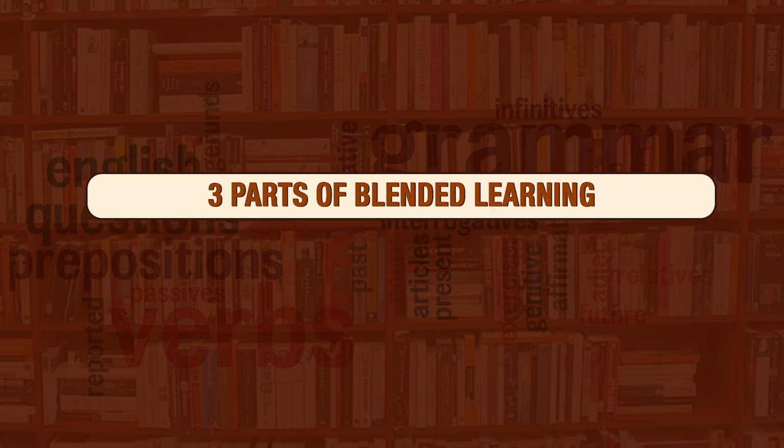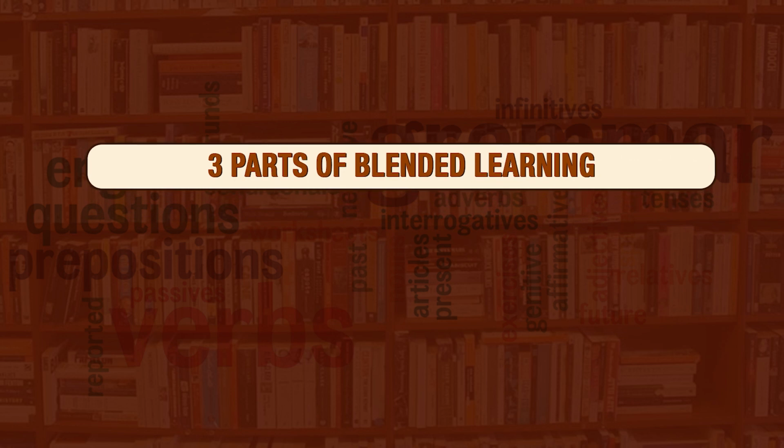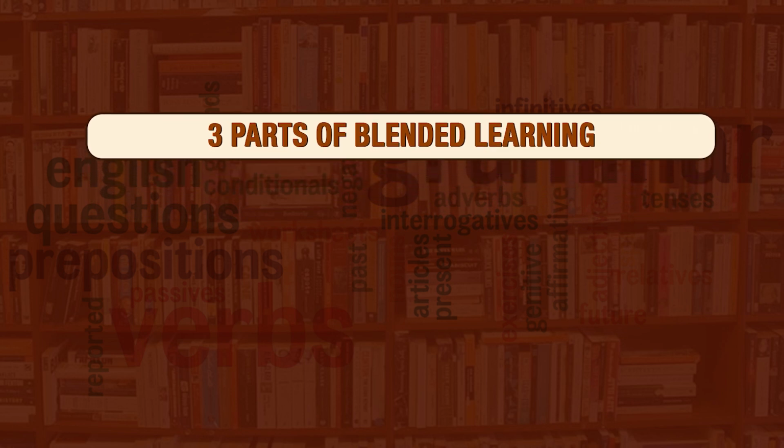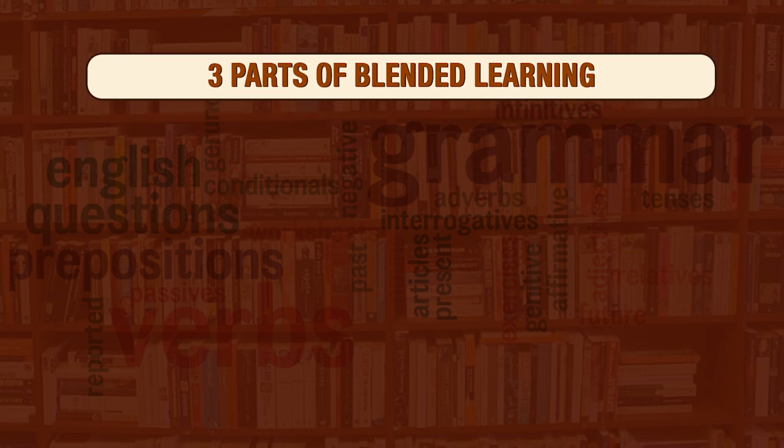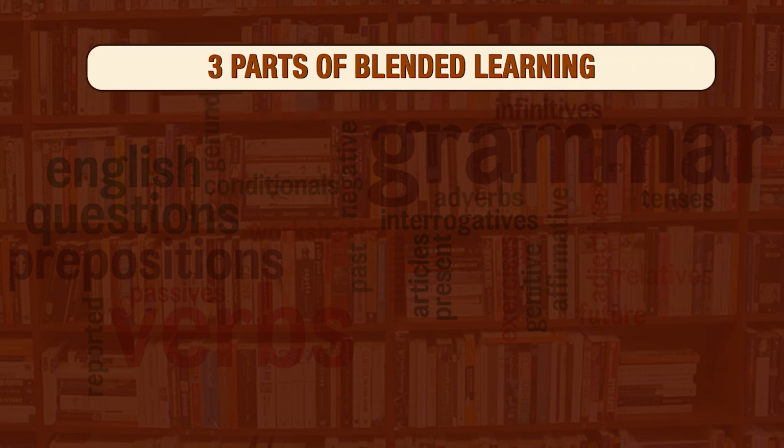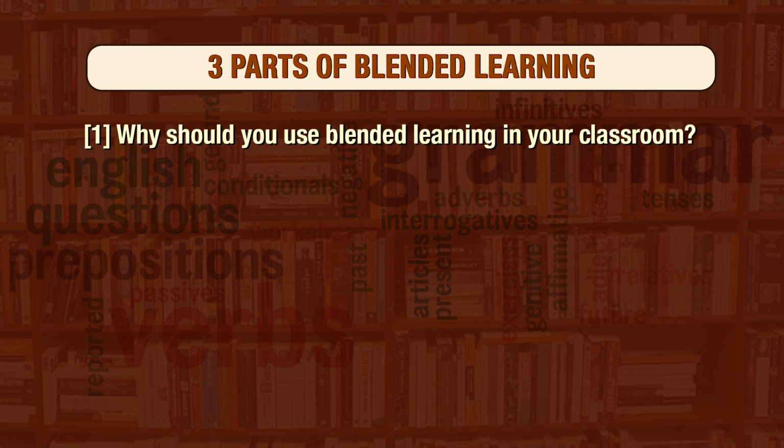Three parts of blended learning. Blended learning doesn't have a fixed definition, but there is a general agreement among the education innovators that blended learning has three important components. Let us first begin with the basic question: why should you use blended learning in your classroom? Basically, there are three core benefits of blended learning.